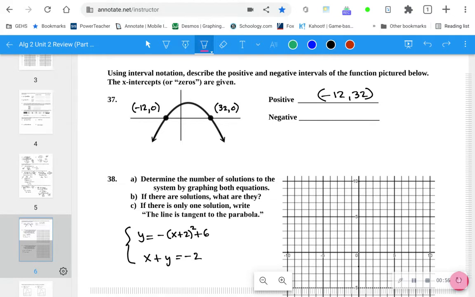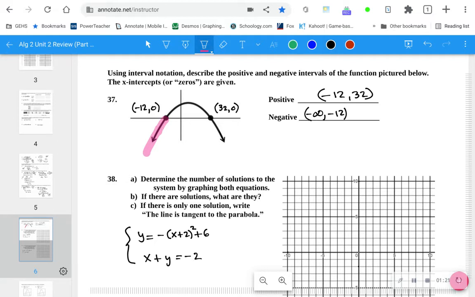Okay, the negative intervals are a little bit harder to do. They go from negative infinity up to negative 12. Let me get that one done. So remember to put the smaller number first. Negative infinity is definitely smaller than negative 12. And the bigger number behind the comma.